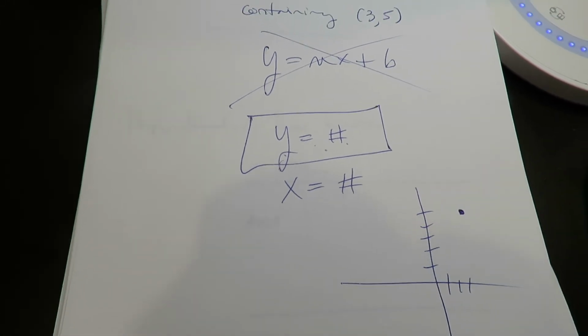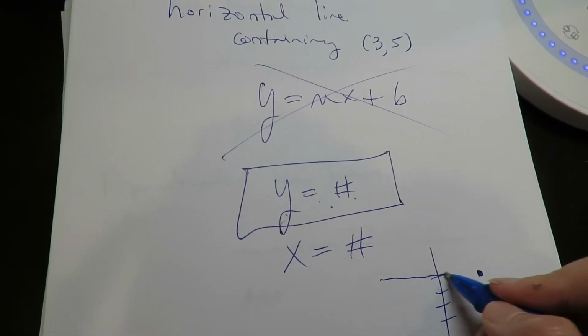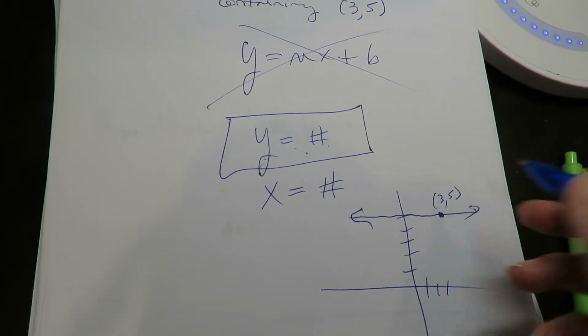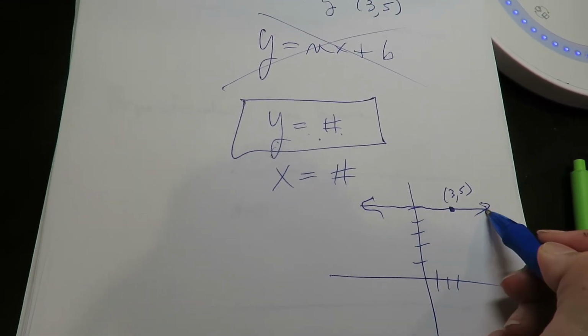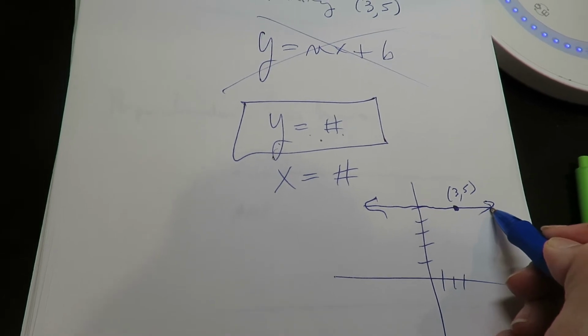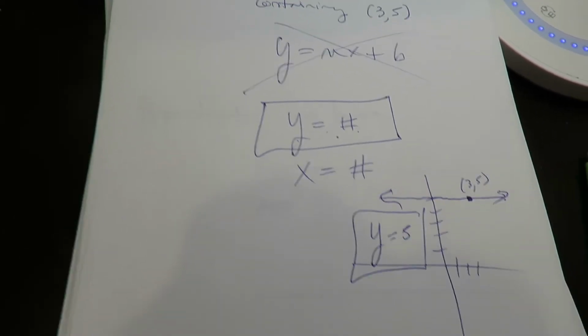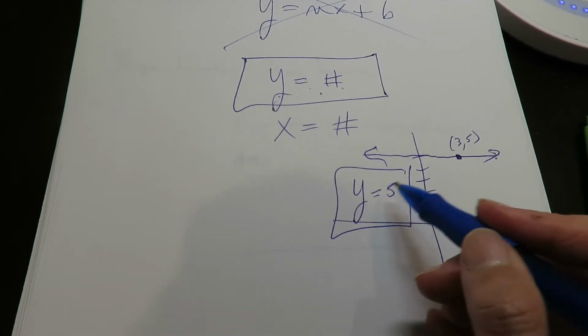If I have the point 3, 5, and I want a horizontal line through it, that means all these points have to be at a height of 5. That means that y always has to be 5. That's what will make a horizontal line. So that is the answer.